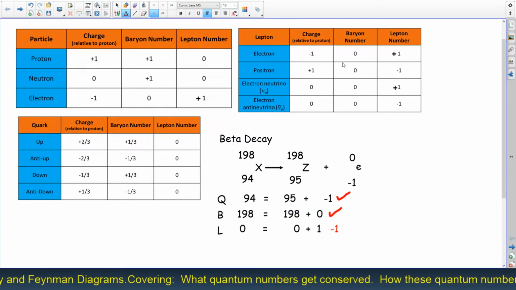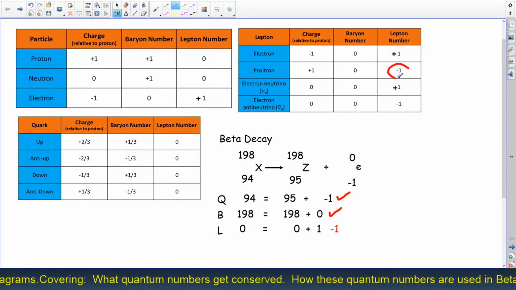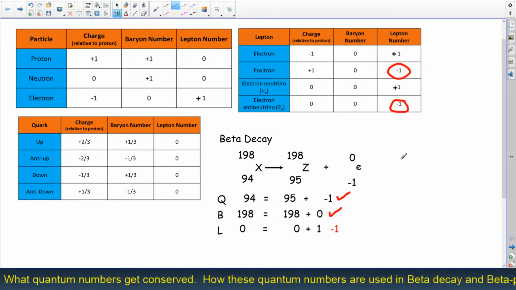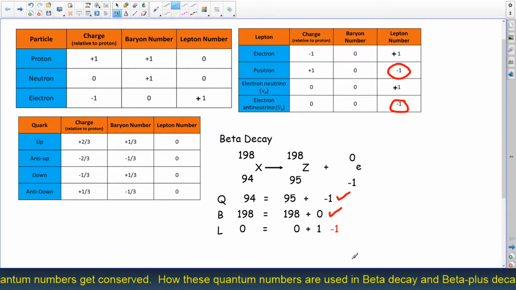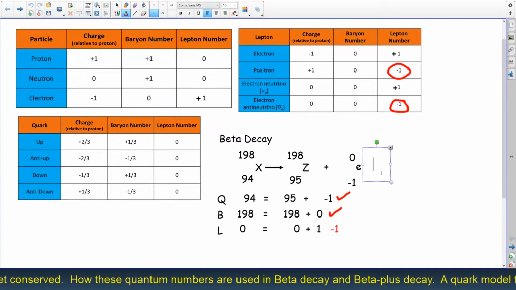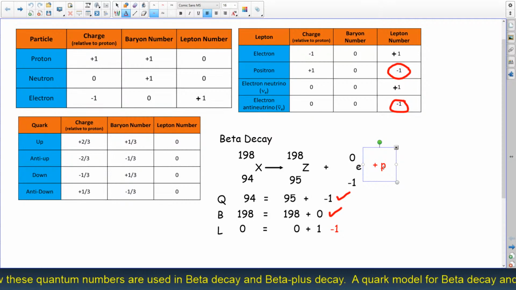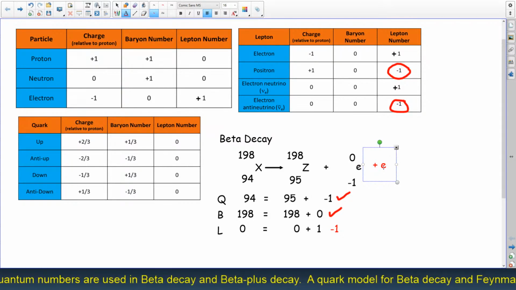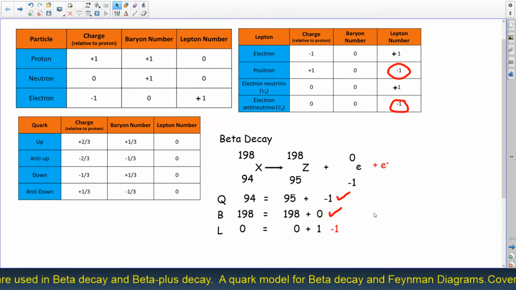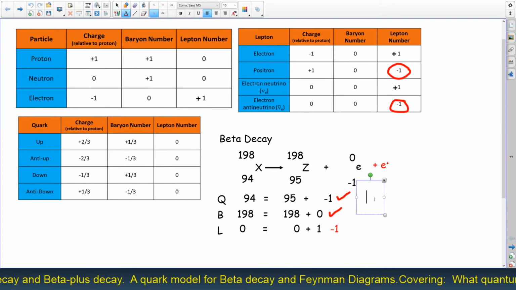So I'm going to go up to my little table of leptons here, and I'm going to find myself the leptons that have -1. So I have the positron available, and I have the electron anti-neutrino available. Now if I pick the positron, I could put that in. That will solve my lepton number problem. So e plus. If I put a positron in there, that works quite well, but unfortunately, I then have a violation of charge because I've added an extra positive charge in here.